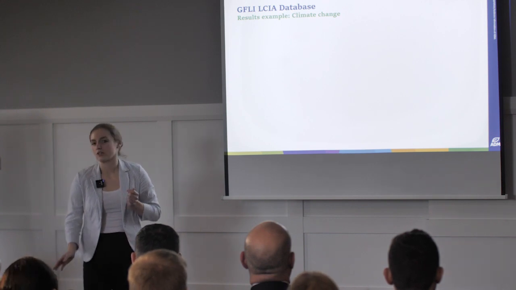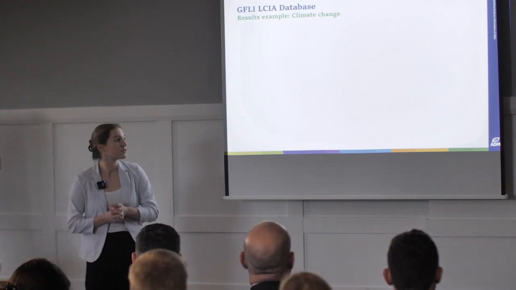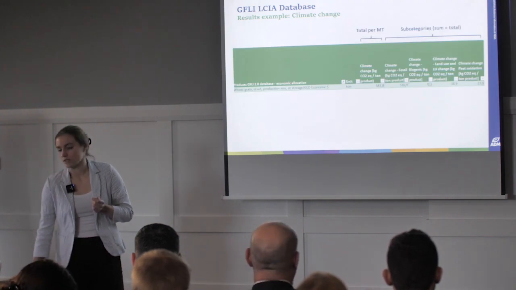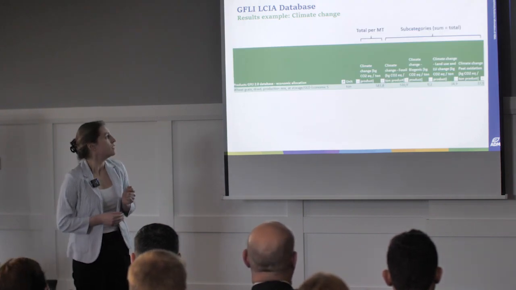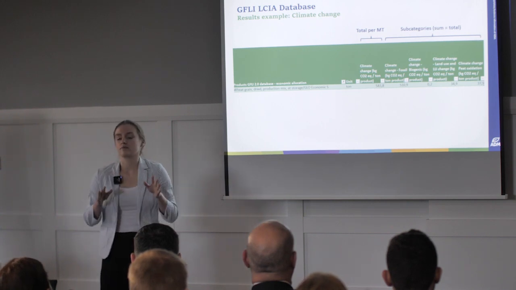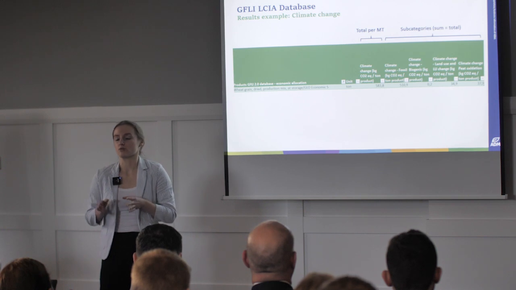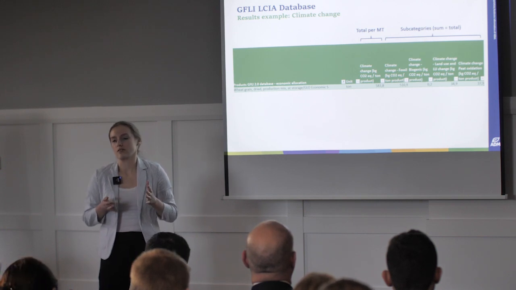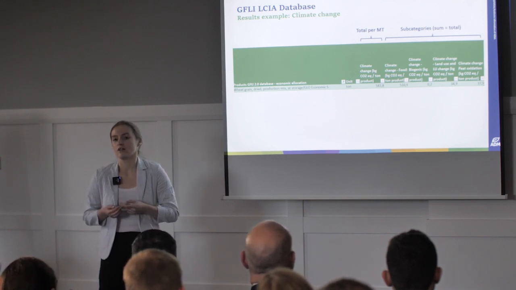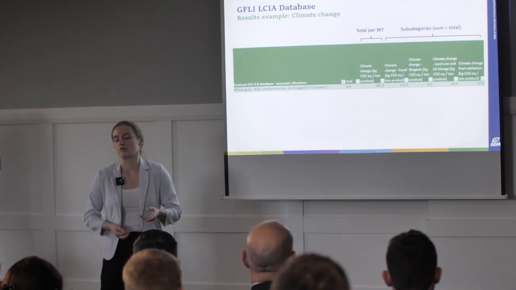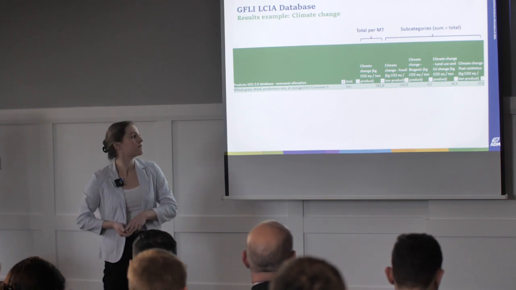Okay, moving on to an example of climate change. So I'll again use the wheat grain example. So you have a long list of impact indicators. Climate change is one of them. These are the greenhouse gas emissions in CO2 equivalents, or typically the global warming potential over a time frame of 100 years.